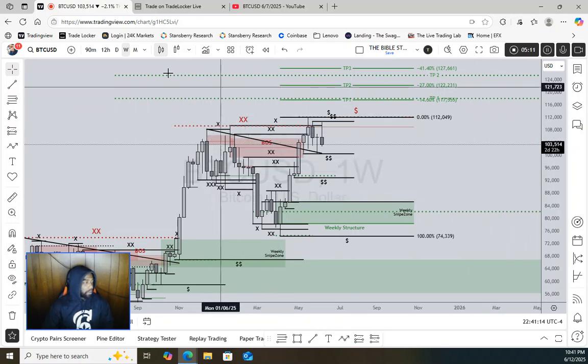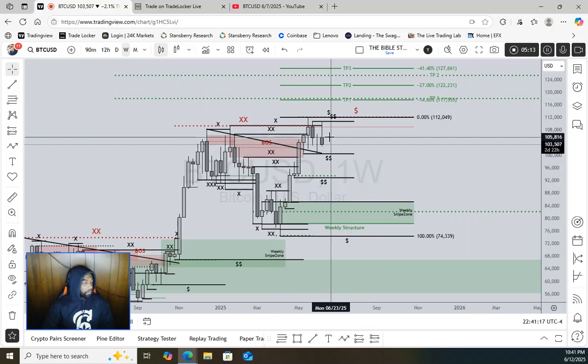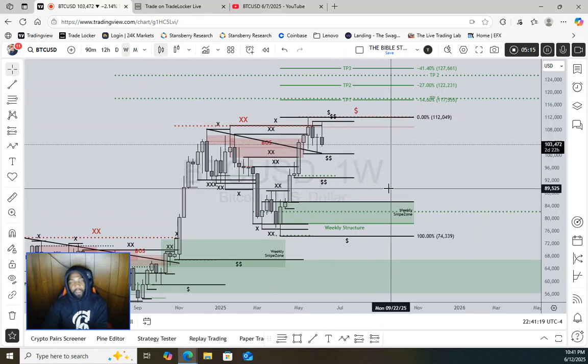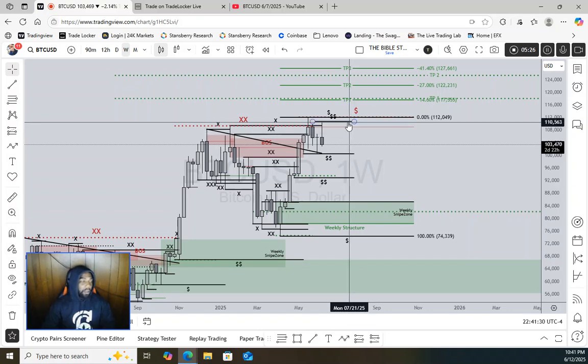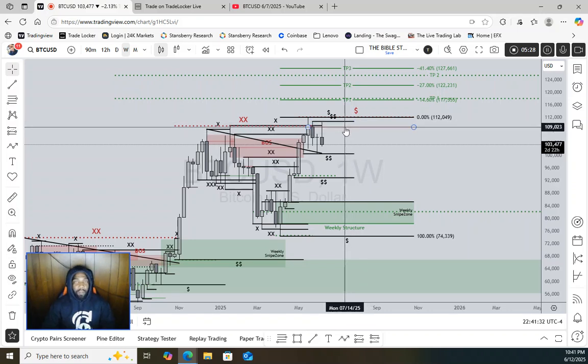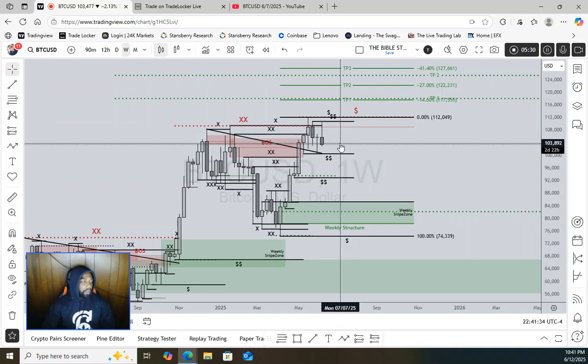Now, also looking at this market, you got to put everything in perspective, understanding what the market has created and printed, and just understanding what these levels are, because price can go up and down. It's just your job to be on the right side of things.